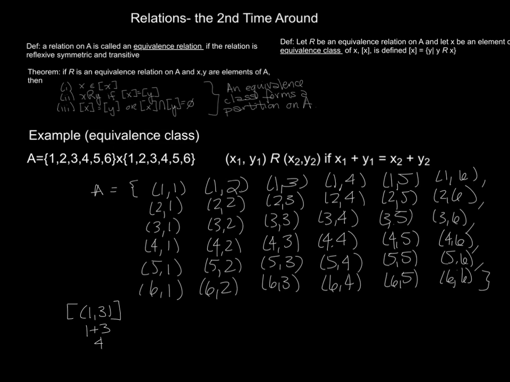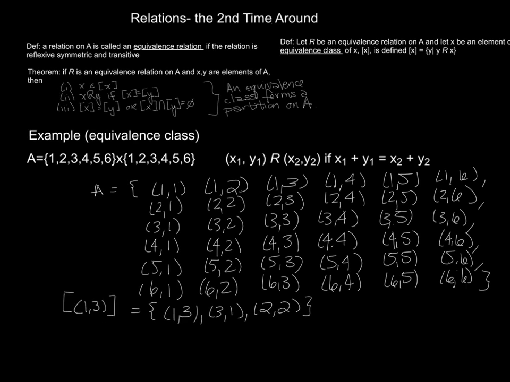Remember, you just want to look at your definition of the equivalence. They're in the same class if the ordered pairs sum to the same number. So the equivalence class for 1, 3 is 1, 3, 3, 1, and 2, 2, because these are the ordered pairs that sum to 4.